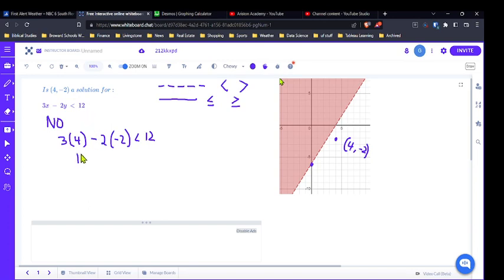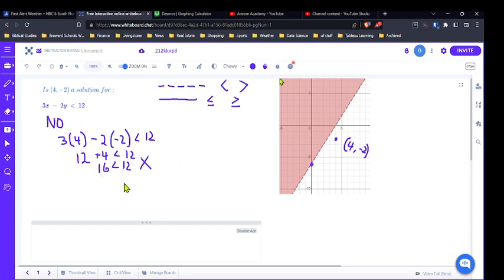So I've got 12, and then -2 times -2 is plus 4, okay, and less than 12. 16 is less than 12? Clearly, 16 is not less than 12, so the answer is nope, that doesn't work. So that corresponds with it not being part of the solution set.